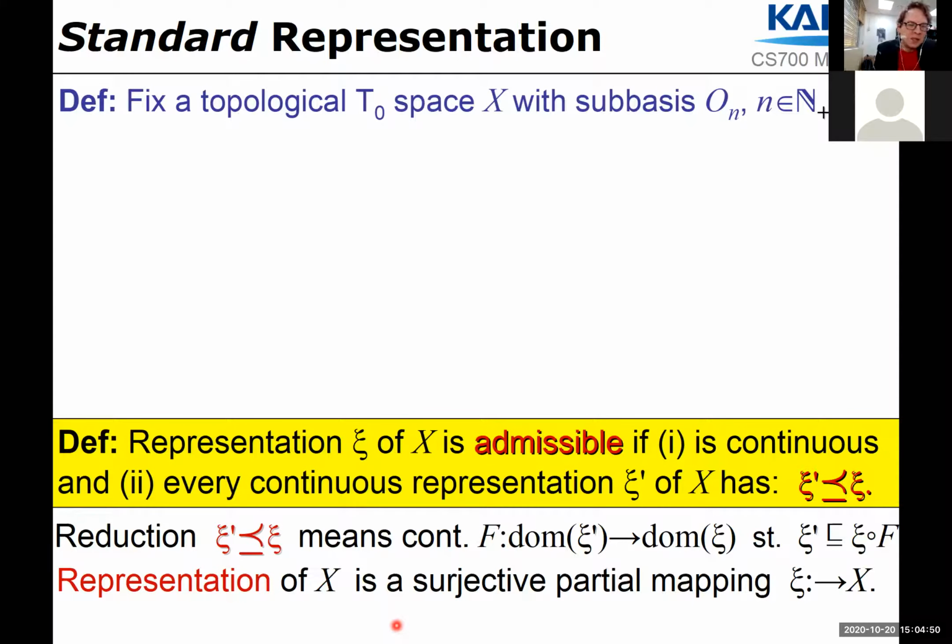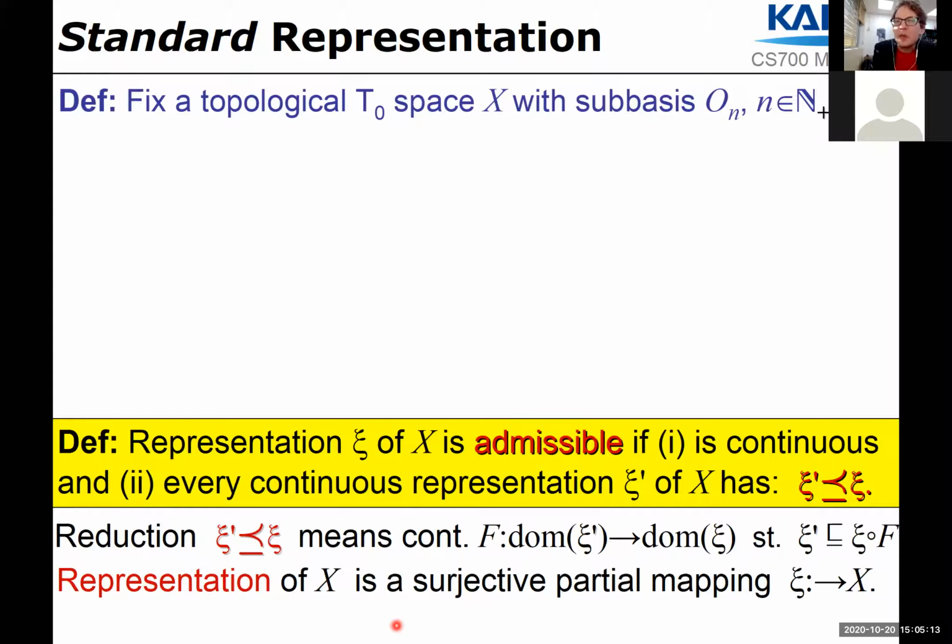And for the subbasis, we may first need to take the closure under finite intersections, and then proceed to arbitrary unions to generate the topology. So that's a subbasis.